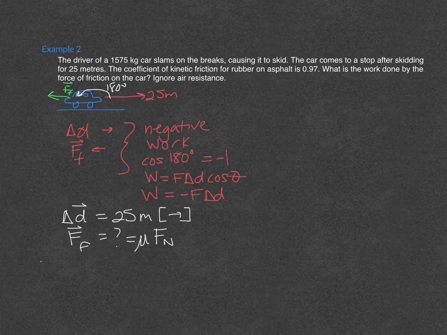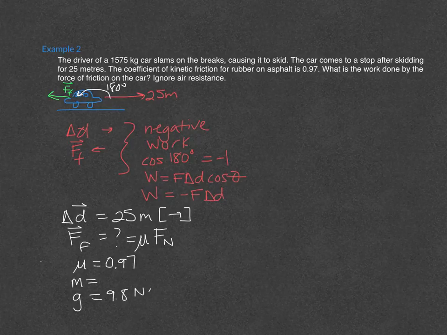So we'll have to use our coefficient of friction, which is 0.97. And we'll have to use our mass and g to find our force of gravity, and then we'll say that's our normal force as well. So g is 9.8. You can use meters per second squared or newtons per kilogram. And the mass was 1575. We want to make sure that's in kilograms whenever we're using the mass.